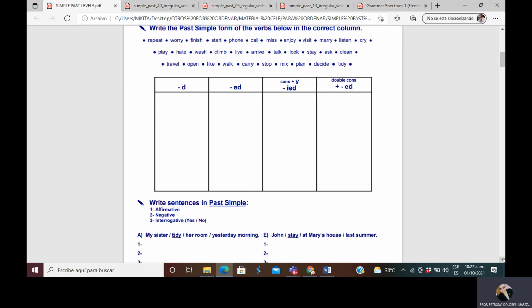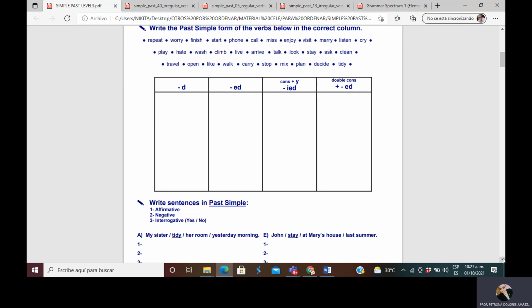Y, por ejemplo, vamos a categorizar en qué sección de los verbos va a ir colocado. Con terminación D, con terminación ED, consonante más Y, agregan IED, y los que doblan consonante. Eso lo podemos ubicar en la lista que ya les envié o lo podemos hacer de manera manual.